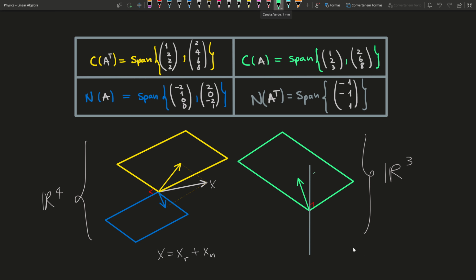In green, the vector, let's call it b, must have some part living in the column space, let's call it b column space, plus b left null space. Can you see the idea? So vectors living in R3 can be decomposed like this, and vectors in R4 can be decomposed like that. Very important idea, because it will play a key role when we try to understand whether a system of equations has 1, 0, or infinite solutions. So this is a picture that you need.